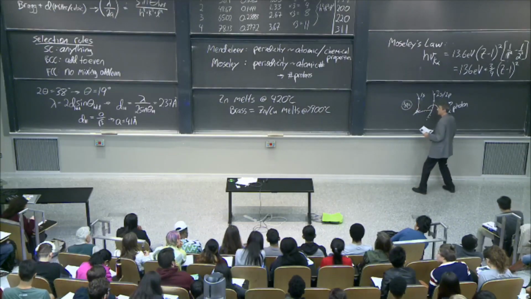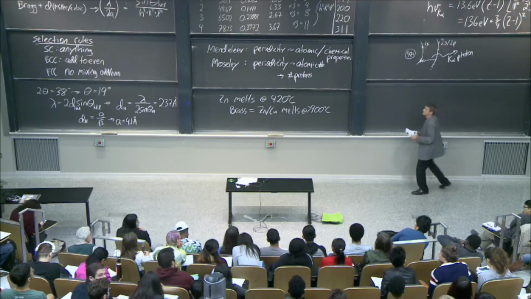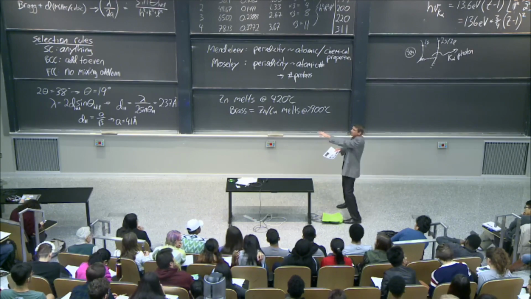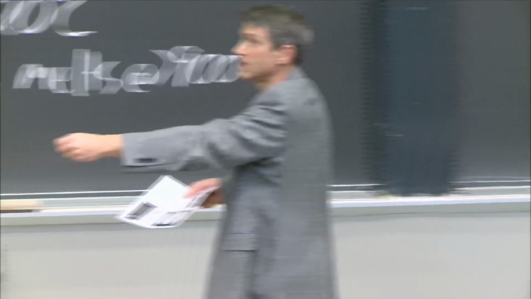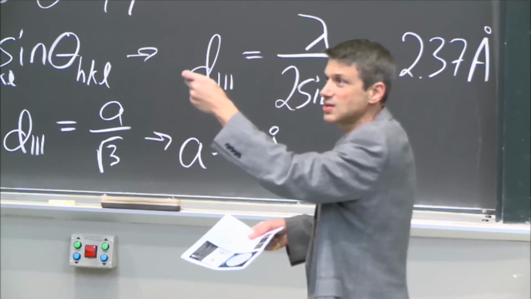So in the Laue version of XRD, you shoot the X-rays, which have all the wavelengths in them, at a crystal that's fixed. I'm not changing the angle. And what you get are still diffraction peaks. You get spots. Right?